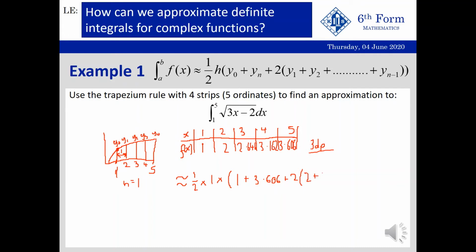So we'll then use y2, which is the 2.646. And our last one would be 3.162. So all the values from our table should be in our formula. They should all only appear in there once. And we can crunch this through in our calculator to come out with an approximate value. So with my calculator, I make that 10.111.